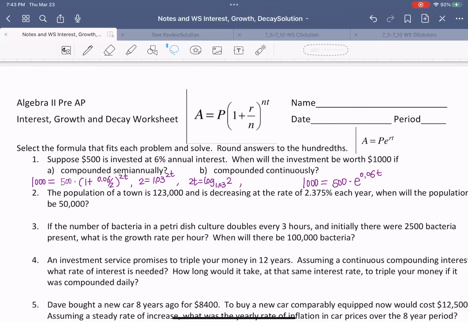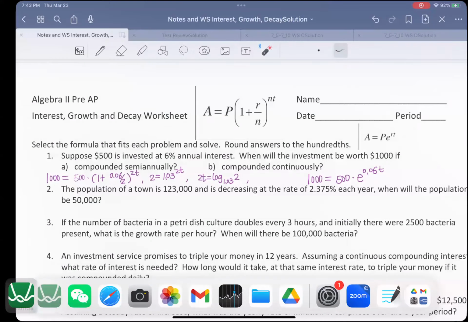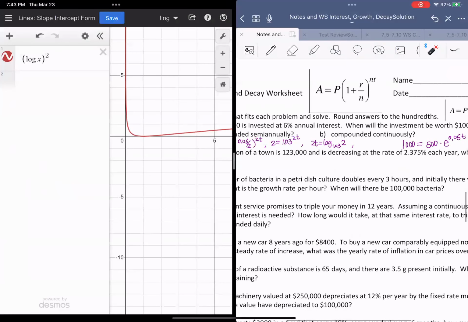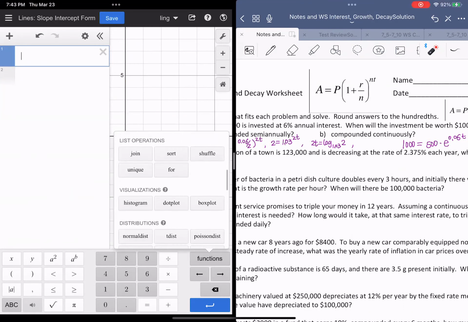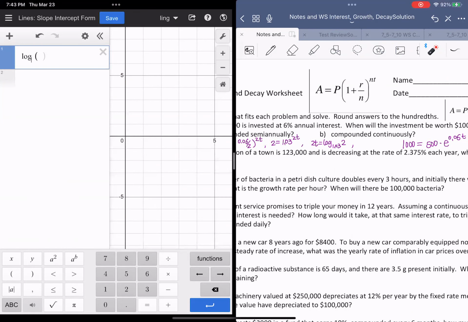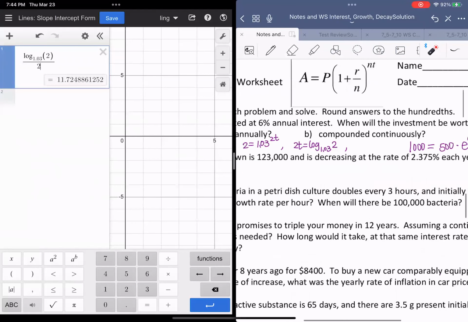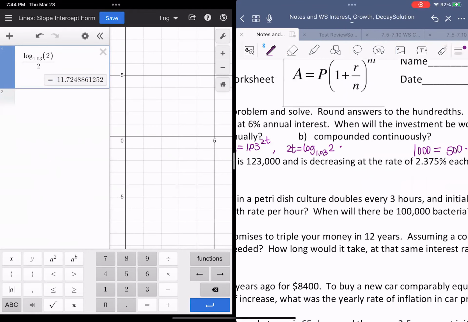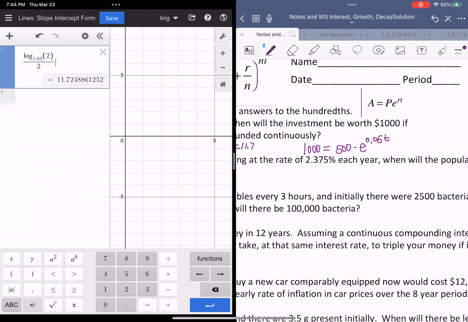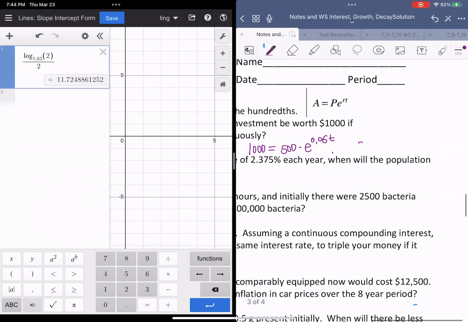This one, first t, how much? See here, if we do log base 1.03 of 2 inside, and then outside divided by 2, this is 11.7 years, right?